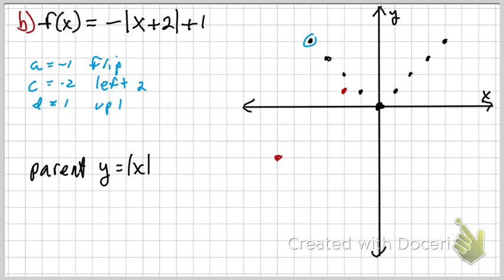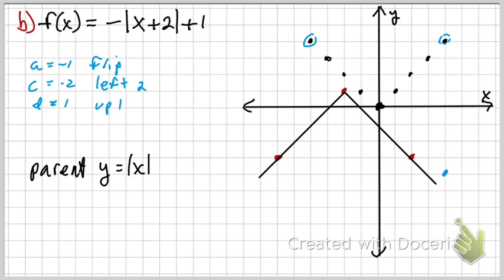Then let's get this guy out here. It's going to go 4 down below, to the left, 1 up from there. So once I've got those points, there's my graph.